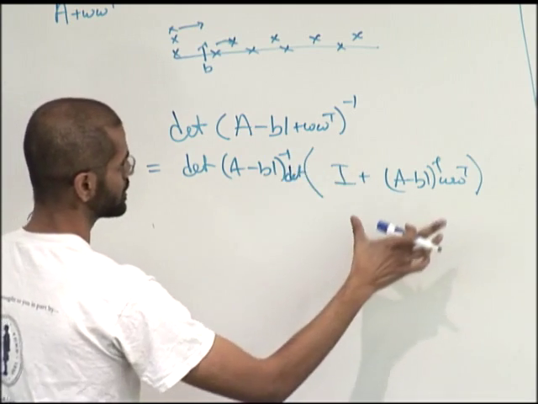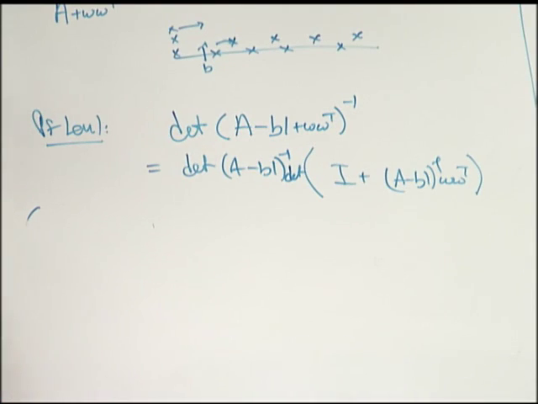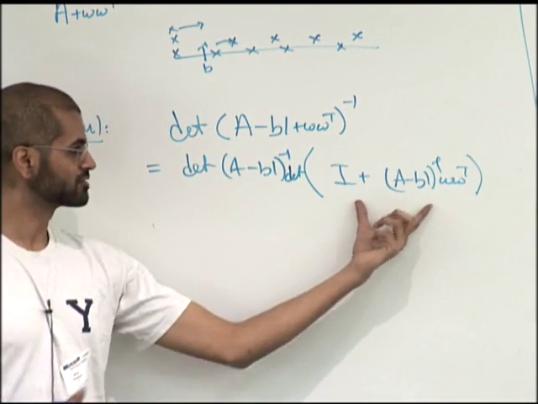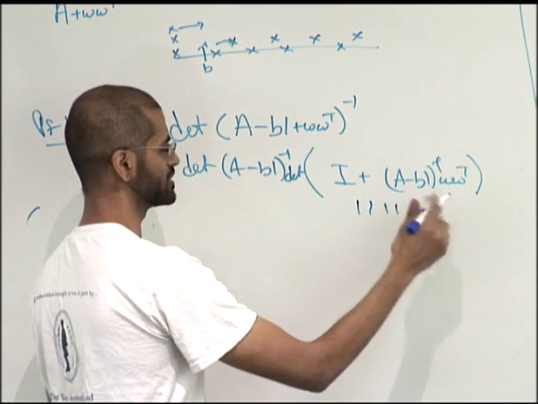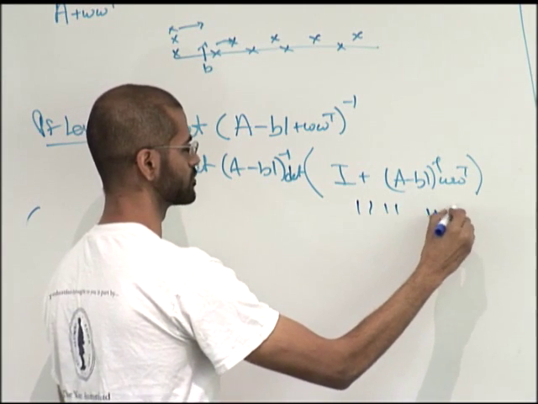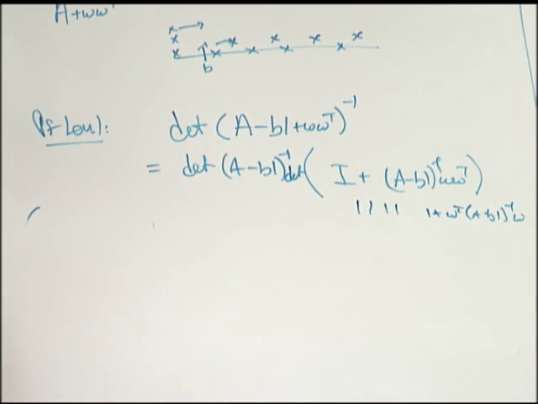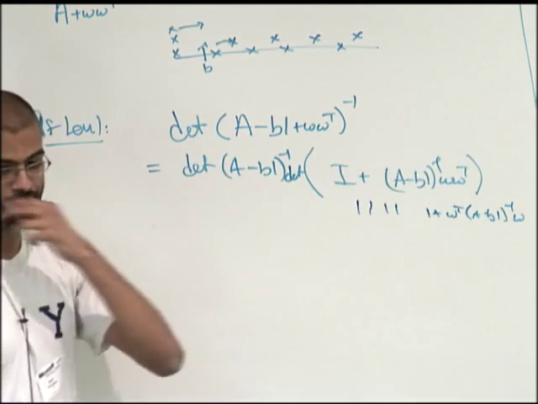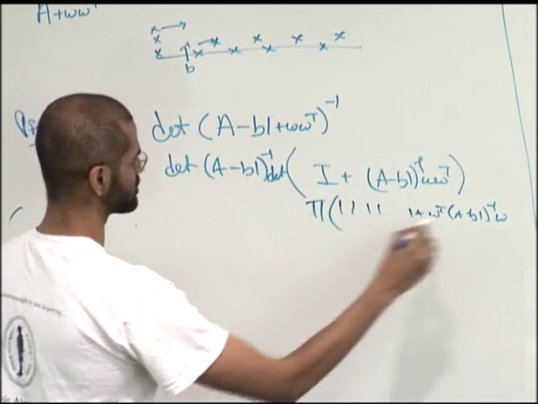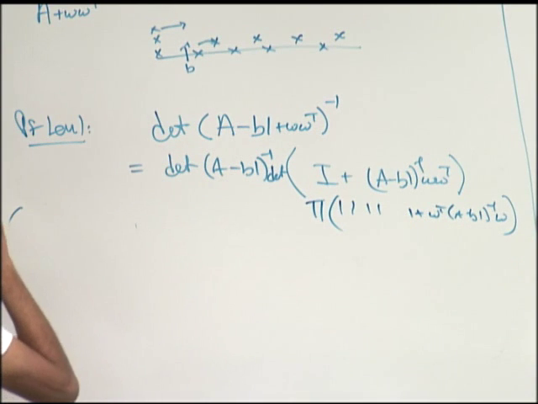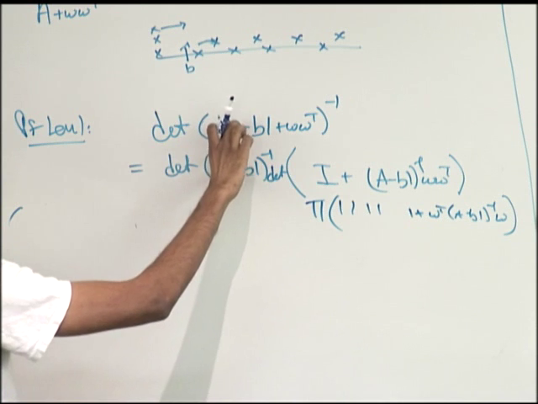The determinant is a product of eigenvalues of this matrix. What are the eigenvalues? You get 1, 1, 1, 1 from the identity, and you get one eigenvalue that's exactly equal to 1 plus W transpose (A minus BI) inverse W. So this is equal to the product of all these numbers. Now look at what these things are.